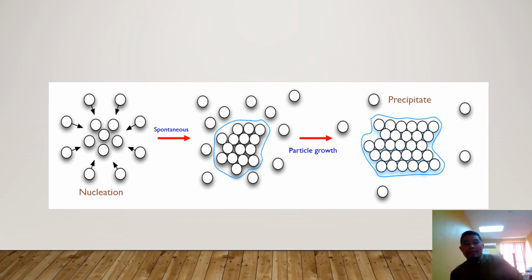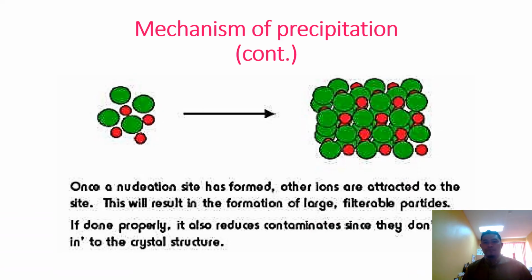Dia berlaku, dia nampak dia dah bentuk, terus dia akan grow sampai besar, sampai dah dapat larger size of particle, which is 10 power of -4 centimeter, in order to make sure you will have the crystalline precipitate. Okay, this is a mechanism also for precipitation.